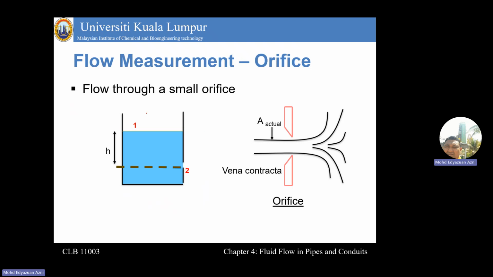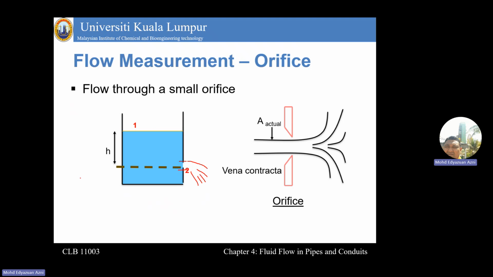So there are two conditions. One like this: for example, we have a tank, and at this tank we have an opening right here at point number 2. When we have an opening right here, we know that we will have a flow of liquid. So we can use the orifice concept to calculate what is happening on our tank and on our system.